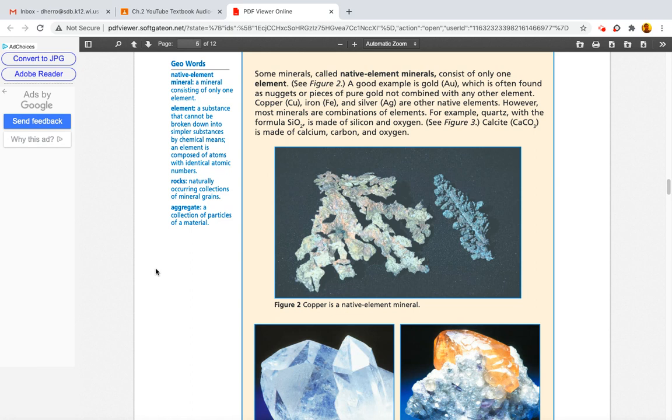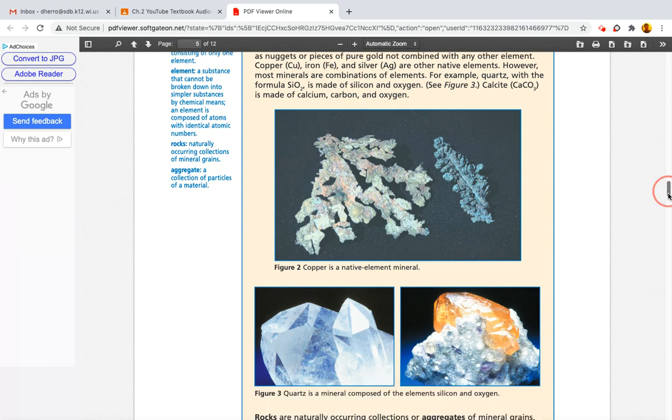For example, quartz with the formula silicon dioxide is made of silicon and oxygen. See figure 3.